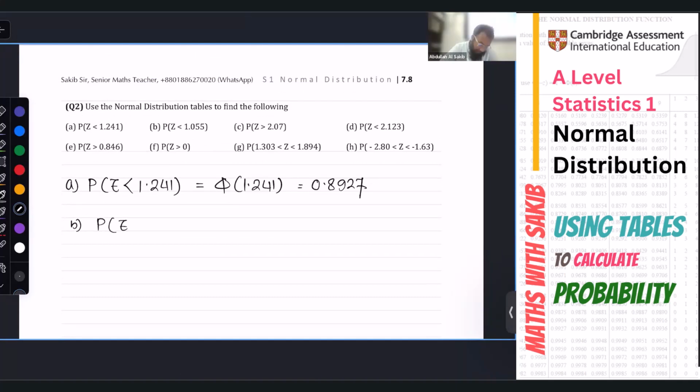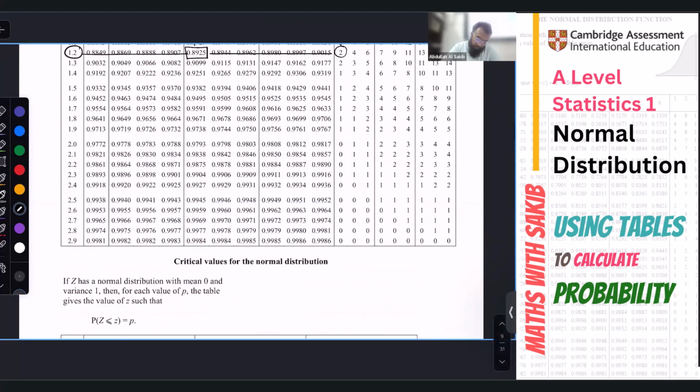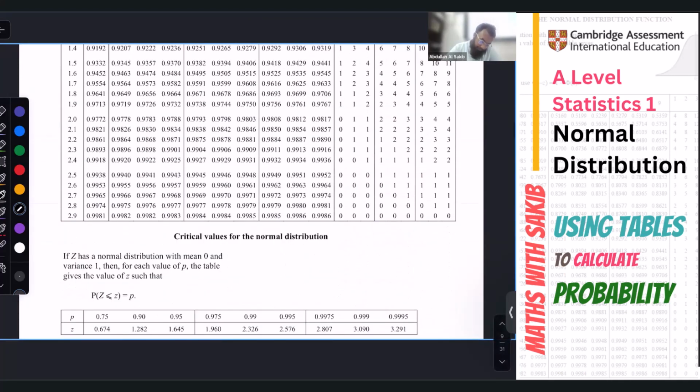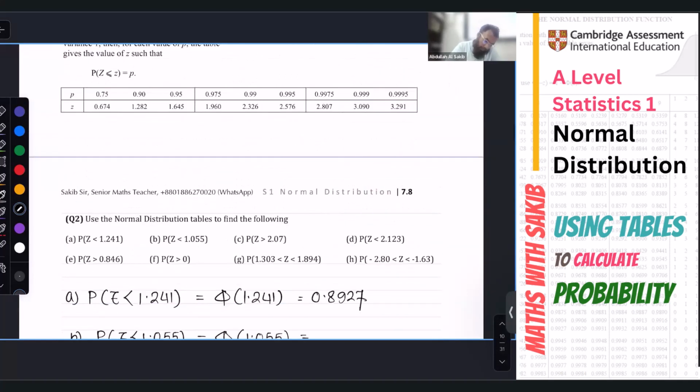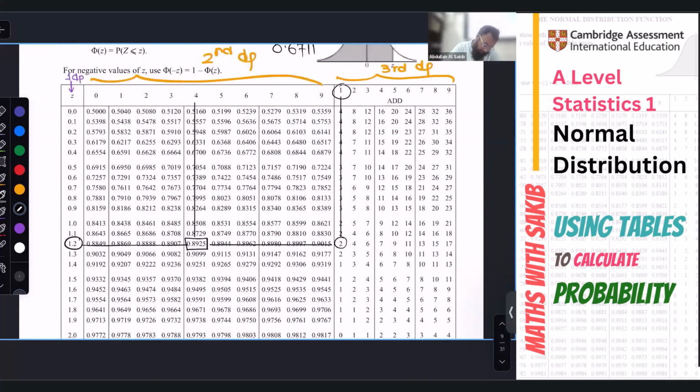Probability of Z is less than 1.055. What does it mean? It means phi of 1.055. So Samara, what's your area? Phi of 1.055. Samara, louder. 0.8543. Okay, so 1.055. Let's go to 1.0 first. 1.05, so this is my 5.